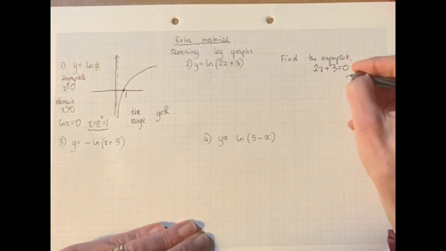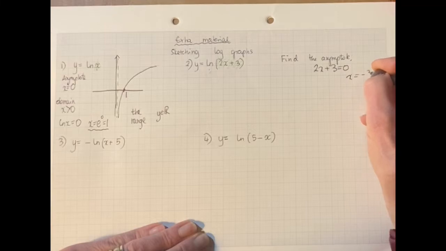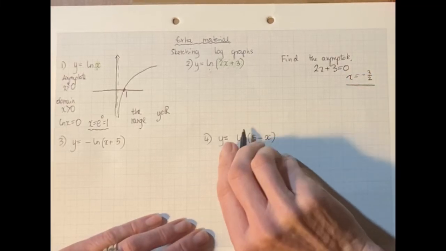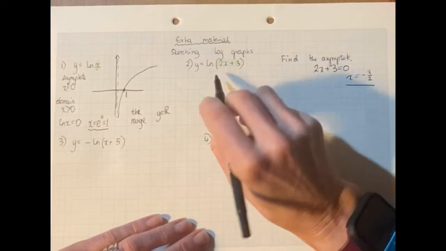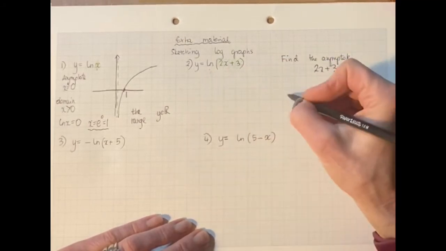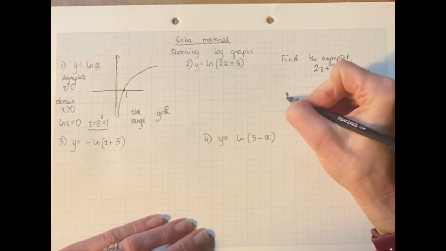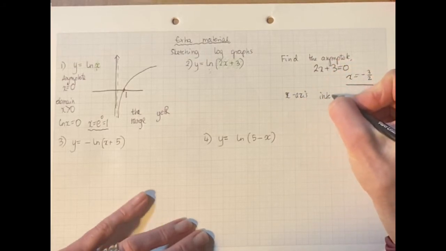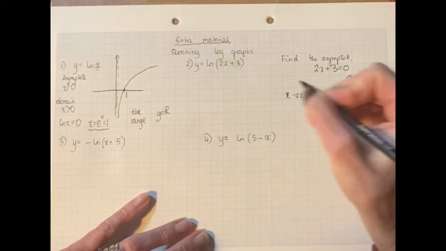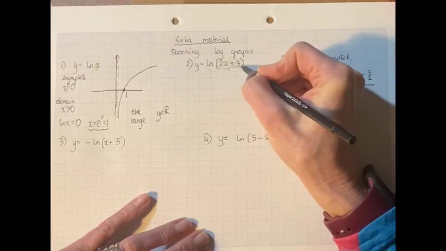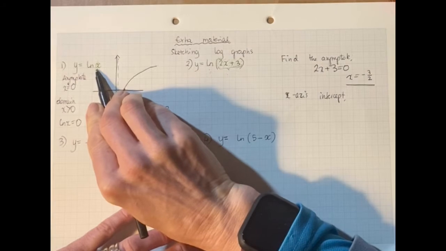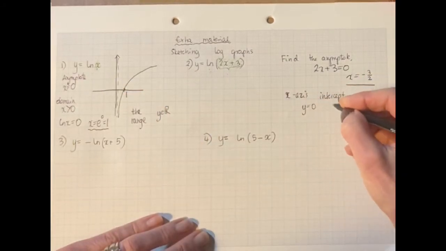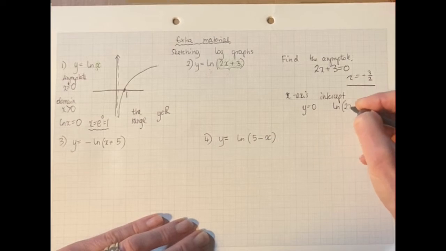So the asymptote is minus 3 over 2. Okay, the next thing you need to find where it crosses the x-axis. So the x-axis intercept. So either make this equal to 1, because it happened when that was equal to 1, or solve when y is equal to 0. So just for practice, let's just solve it.